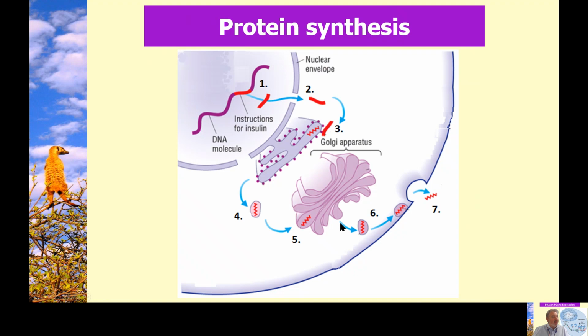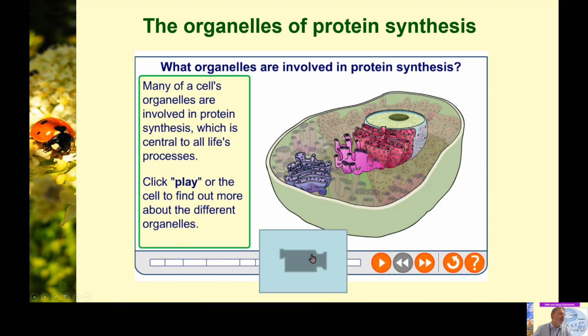But this can be changed and modified, and then it's pushed out towards the membrane of the cell, and that will release insulin into the pancreas, and therefore out to the bloodstream. For the insulin, this is going to be happening in the beta cells of the pancreas. So that's protein synthesis.